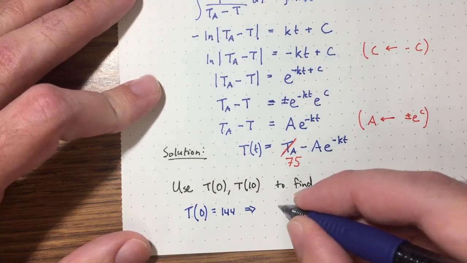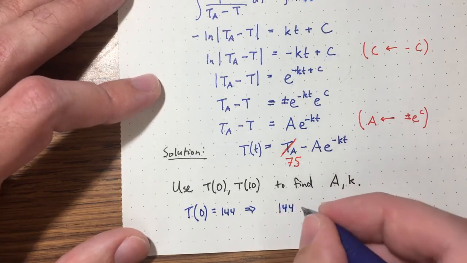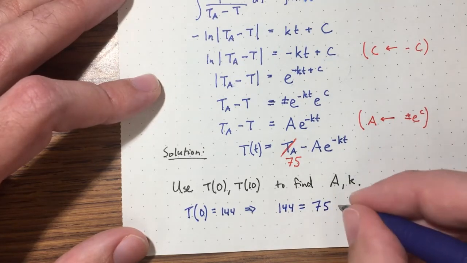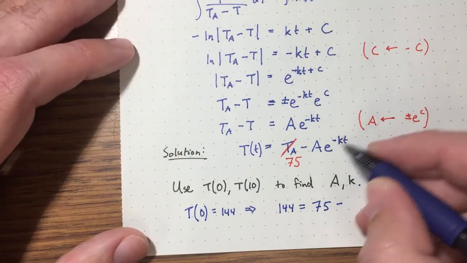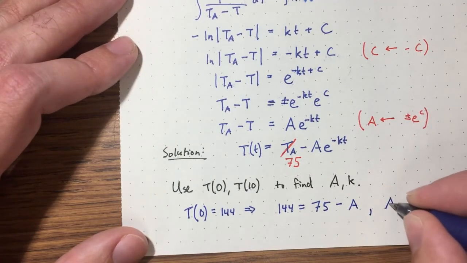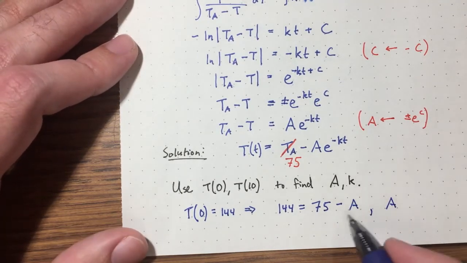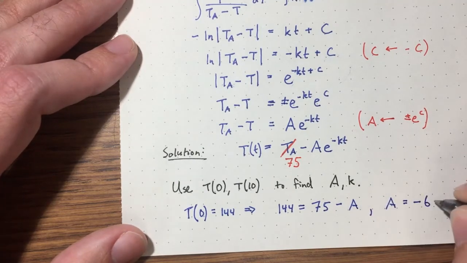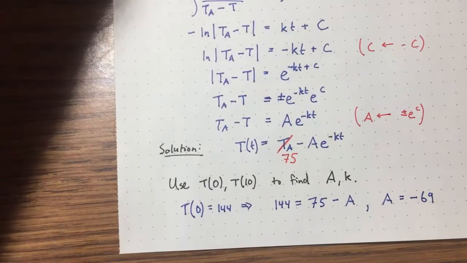That's telling us that 144 is going to equal 75 minus, and what do we have over here? So this little t is 0, e to the 0 is 1, so we just get 75 minus A, right? Which tells us that A is, let's see, what is it going to be? It's going to be a negative number, right? So A is going to be negative 69. Okay, so let's go to a new page.